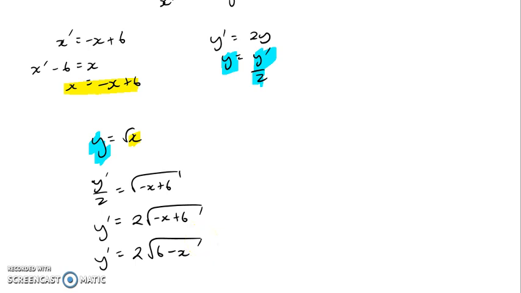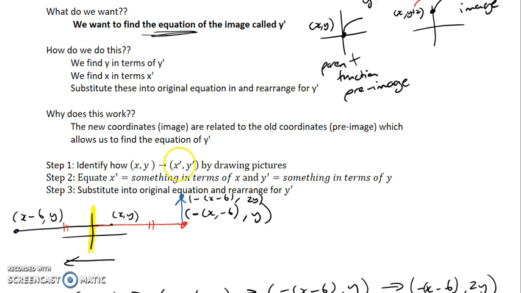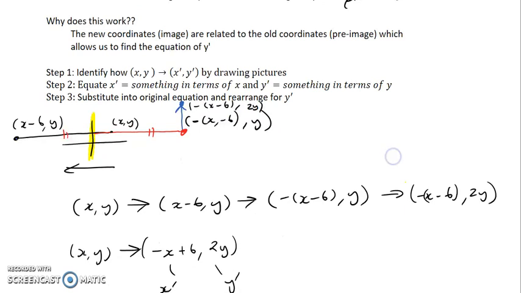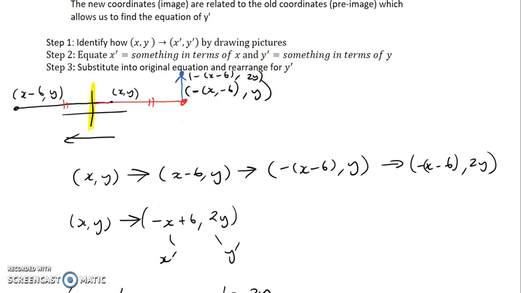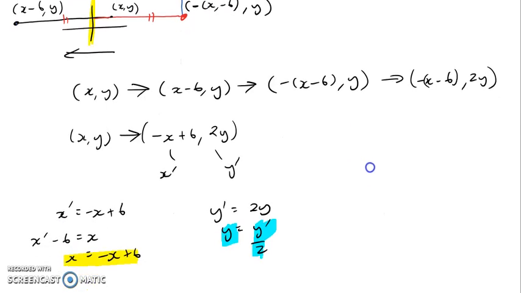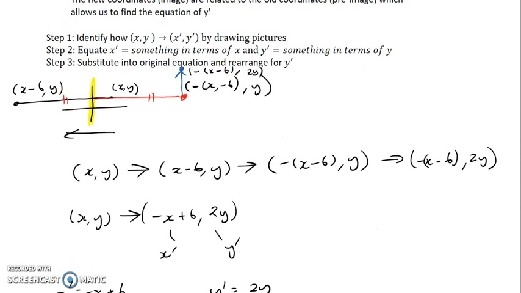Okay, so just to review, first you have to identify how the new coordinates are related to the old coordinates by doing this picture. Then you need to equate your image of x with something in terms of x, your image of y with something in terms of y, and substitute into the original equation.